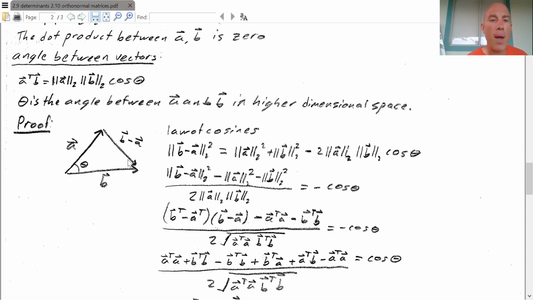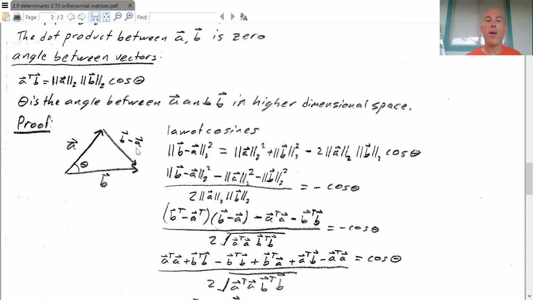This side is parallel to the vector B minus A. Technically, if this was truly correct, this angle would be coming off of the origin, but it's easier to explain this way. So the length here is the same as the length of B minus A.